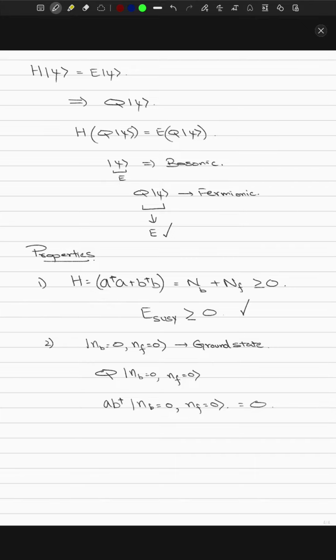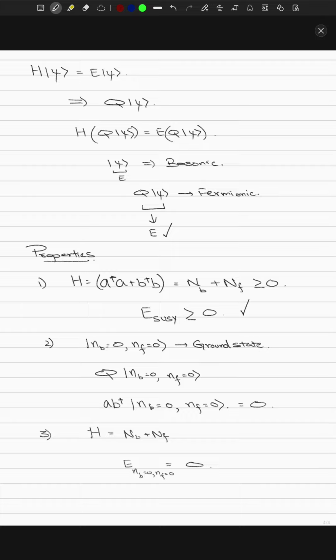The final, or at least the third, property is something we already talked about. The Hamiltonian is NB plus NF. So if I were to write down the ground state energy for NB equals 0 and NF equals 0, this energy is simply equal to 0. So the ground state energy of the supersymmetric harmonic oscillator is 0.